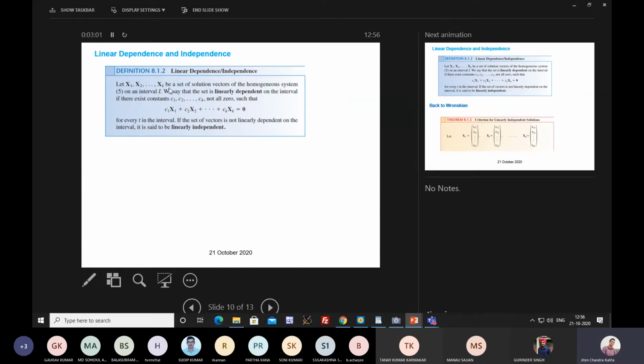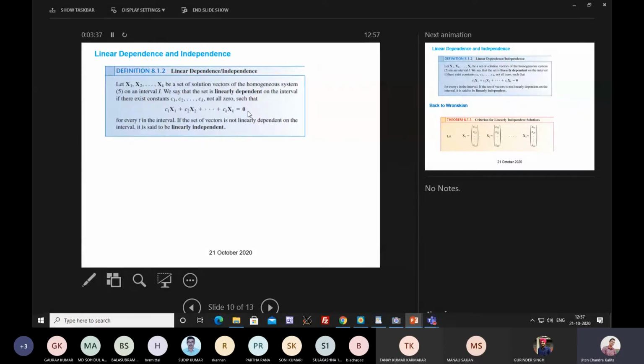So if x1 up to xk are a set of solution vectors of the homogeneous system on an interval I, we say that they are linearly dependent on the interval if there exist constants c1, c2 up to ck such that the linear combination is equal to 0, right? And if that is not so, that means if this implies that all the constants c1, c2 up to ck are 0 themselves, and remember here the right hand side is 0, this is a vector.